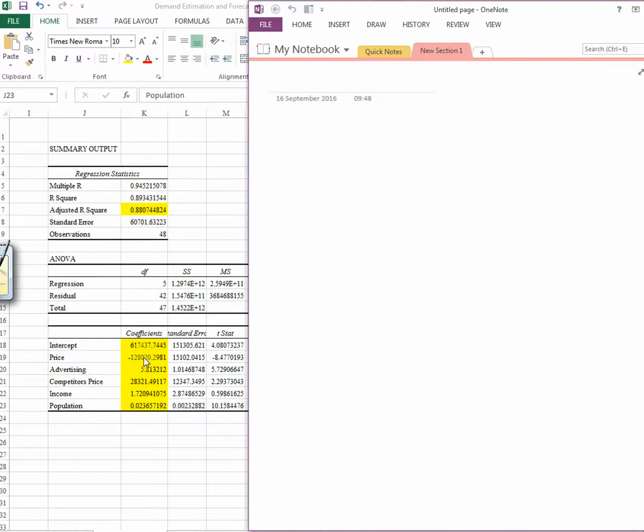So what we have here are the coefficient estimates of each variable that we used as dependent and independent variables. In this case, the dependent variable was sales, so just sales equals, this is the intercept, so I'll have to write all of this, 617,437 minus, that's this minus here, 12,8020 times price P. This is the price.